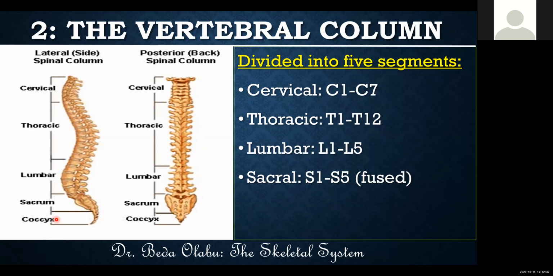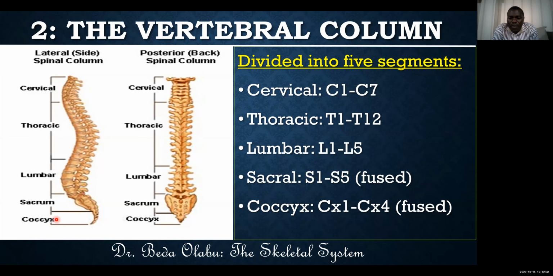Very good. The coccygeal segment has 4 vertebrae. We abbreviate coccygeal segment as shown there. And we have 1 to 4. Again, the vertebrae in the coccygeal region are also fused. So these are the vertebrae segments.